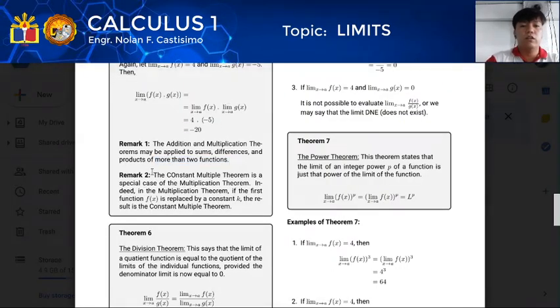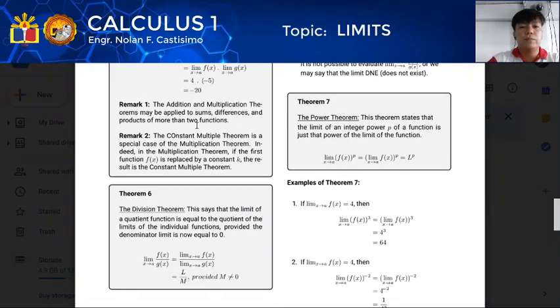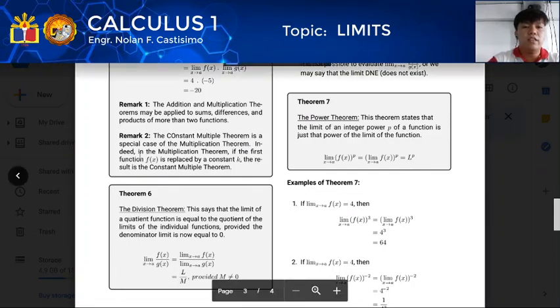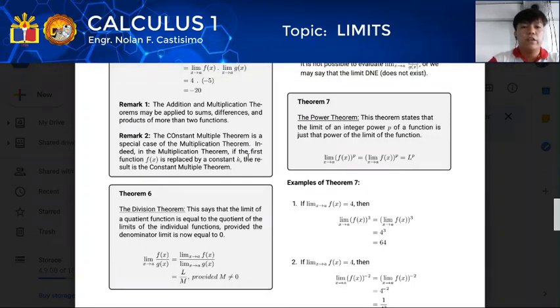Next, remark 2. The constant multiple theorem is a special case of the multiplication theorem. So, indeed, in the multiplication theorem, if the first function is replaced by a constant k, the result is the constant multiple theorem. So, ano naman ibig sabihin itong remark 2?